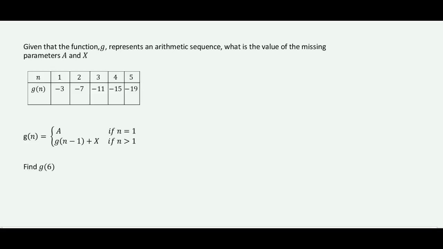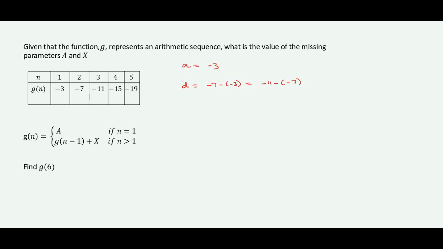Let's look at another example. So we look for the value of A, which is negative 3. Now let's look at the difference between each successive term. So D is going to be equal to negative 7 minus negative 3, which must also be equal to negative 11 minus negative 7.